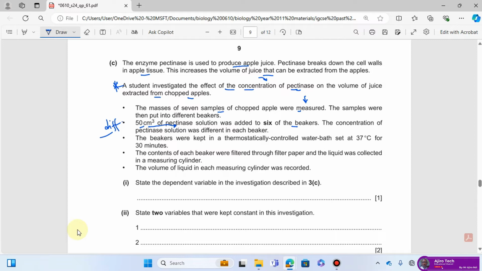Now they said the beakers were kept thermostatically controlled because temperature affects enzyme action. The contents of each beaker were filtered through filter paper, and the liquid was collected in a measuring cylinder. That's how much juice was obtained, and it was measured and recorded.